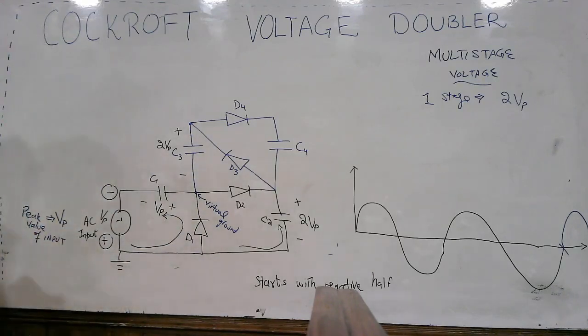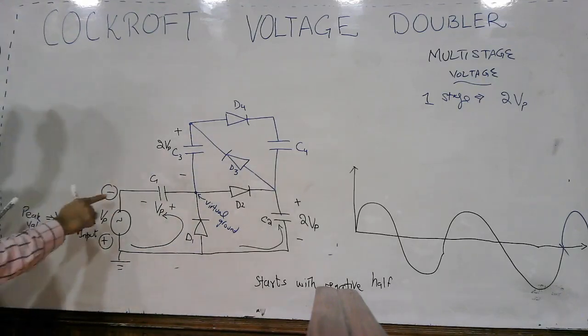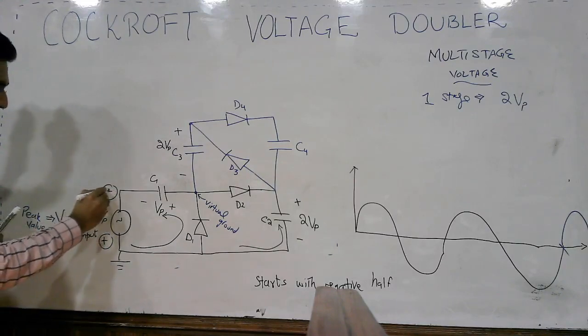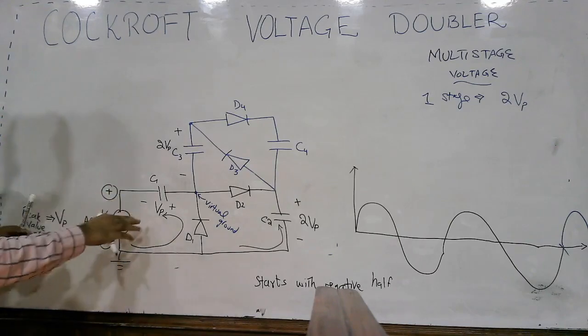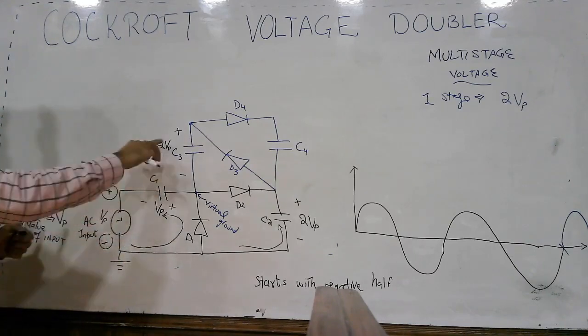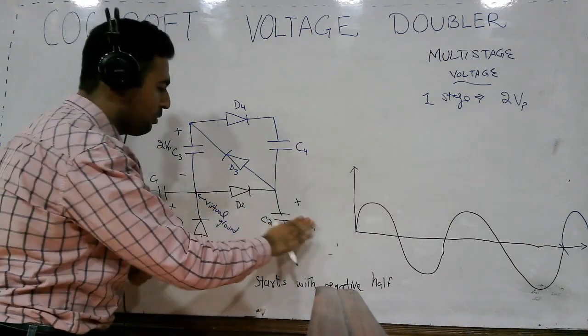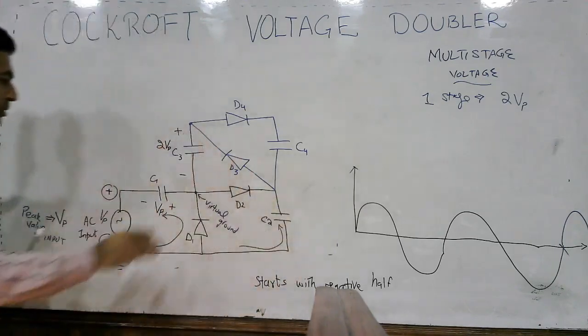So now what happens during the next positive half? Here we have the potential Vp and here you have the potential 2 Vp, and this capacitor was discharged into C3 before.